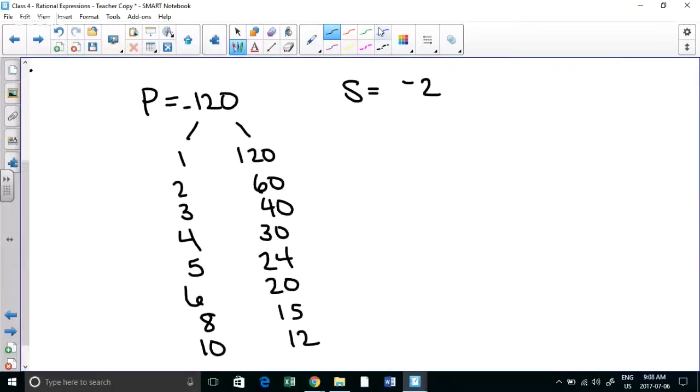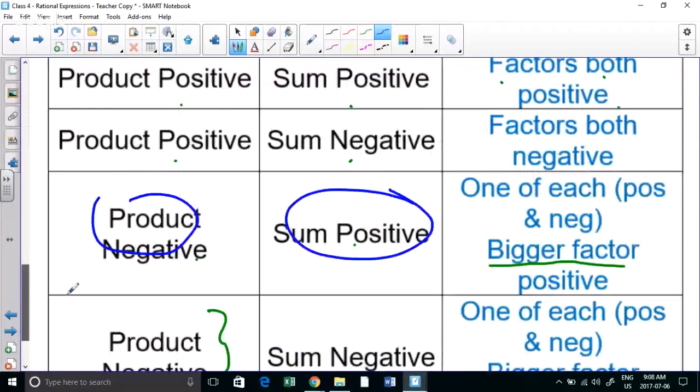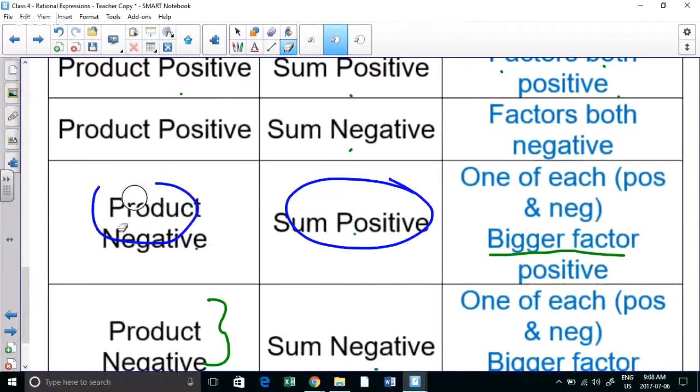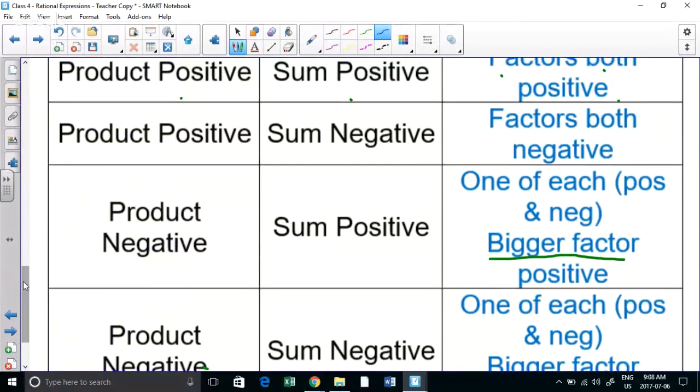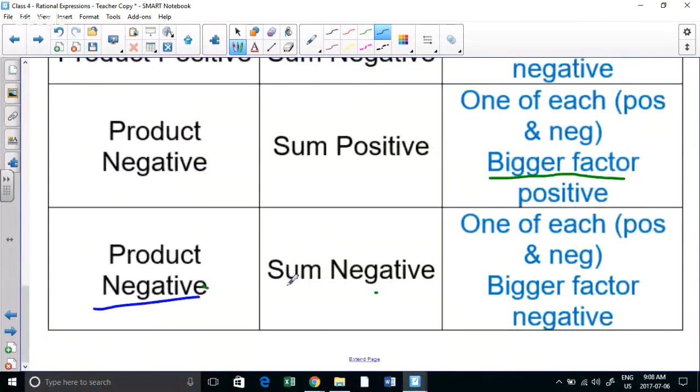Now, I have -120 that I want to be dealing with, and I have a negative sum. So I go back to my table and I say, I have my product is negative, my sum is negative. I'm going to have one of each.